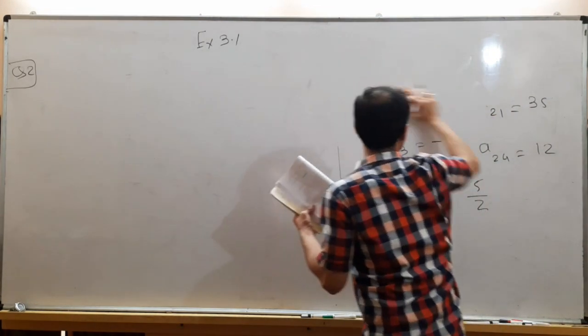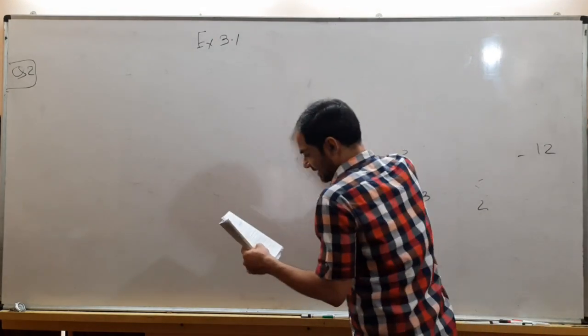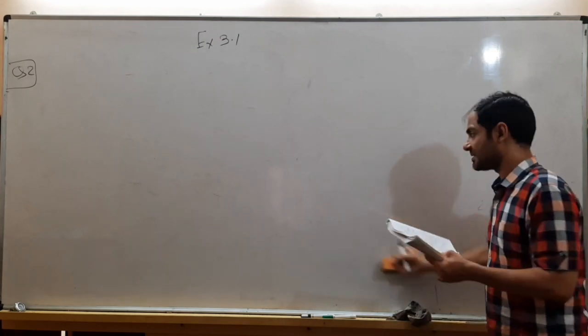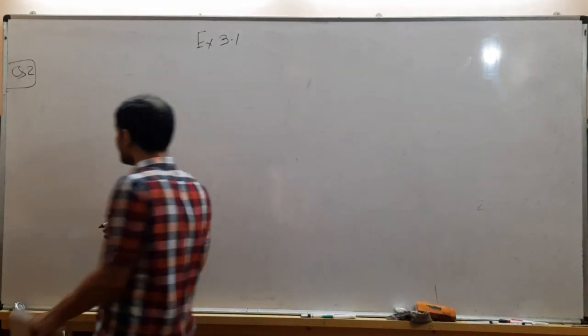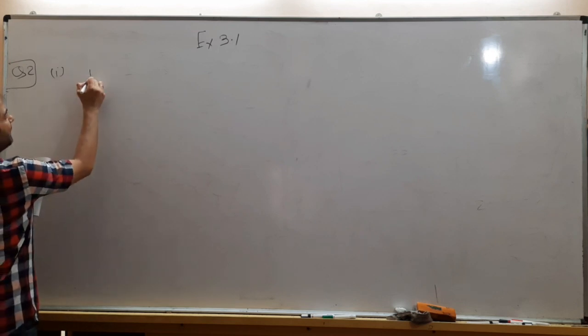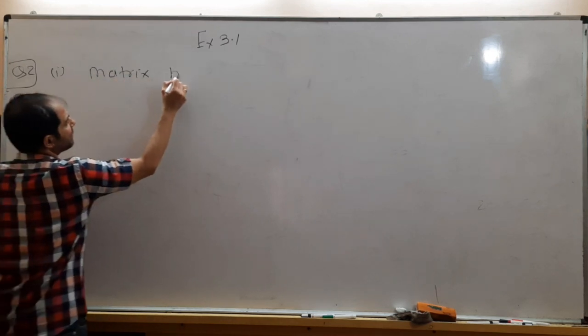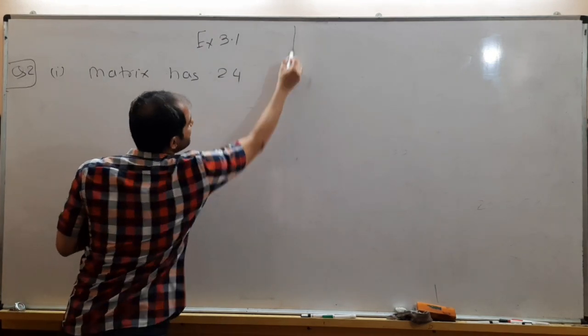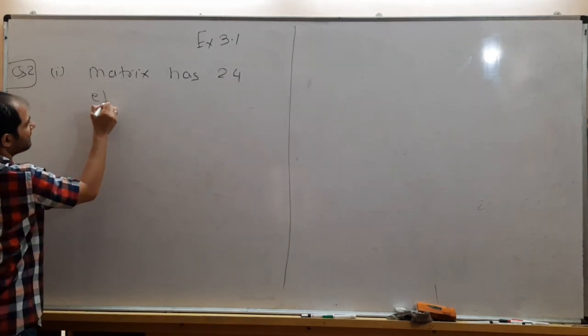What are the possible orders it can have? And the same thing they have asked, what if it has 13 elements? The first case is matrix has 24 elements. Matrix has 24 elements. That is given.